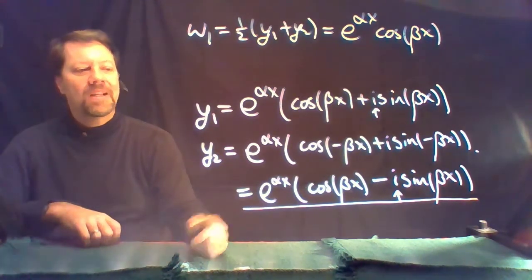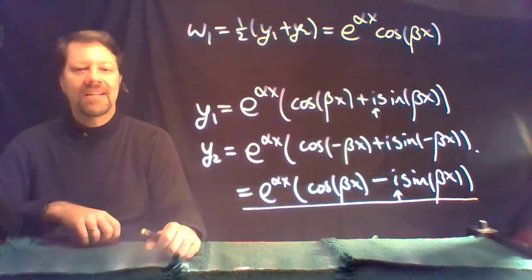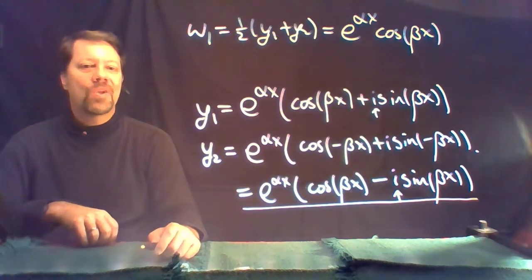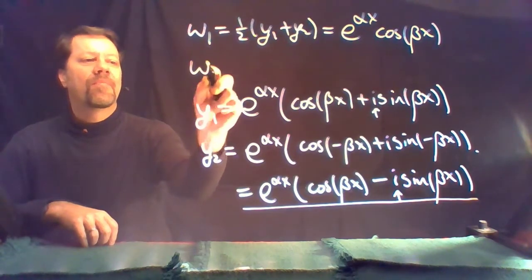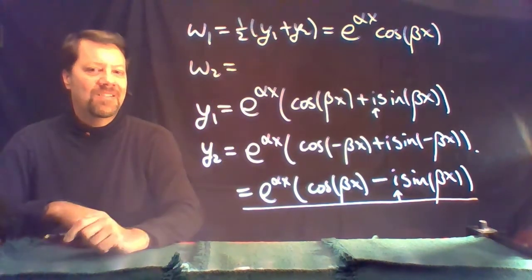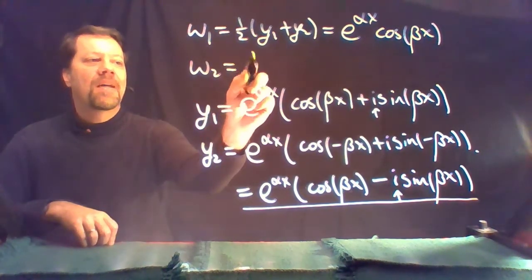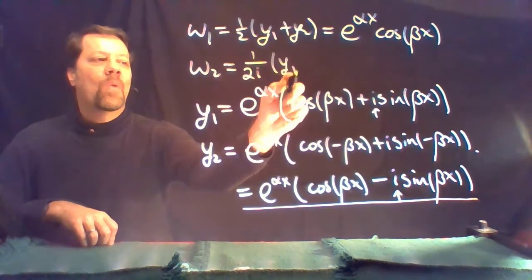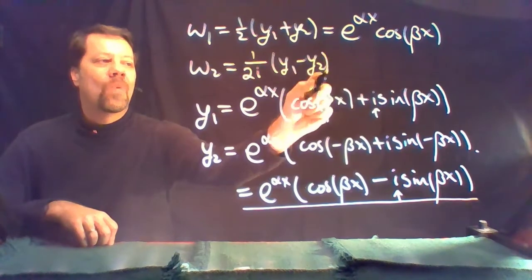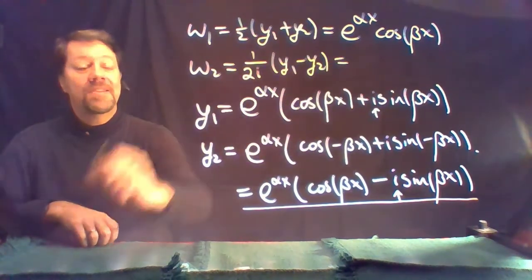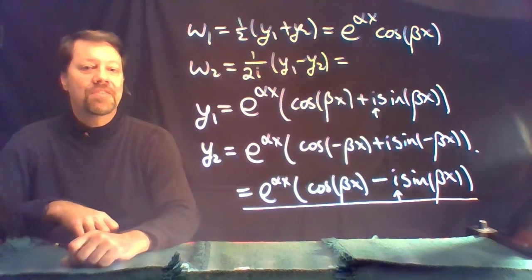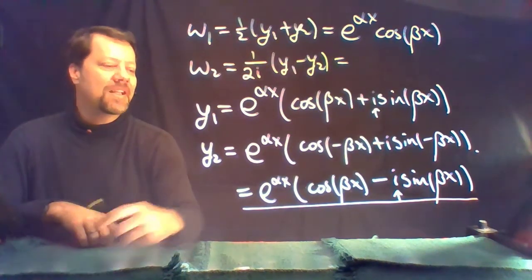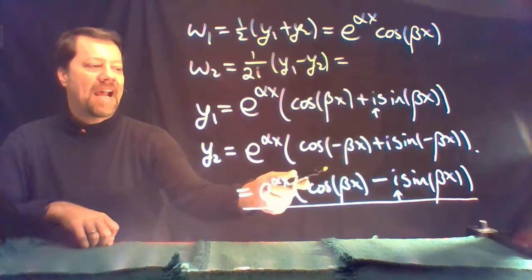Now, how do we combine these two solutions to get another linearly independent solution that is also real valued? We'll do something quite similar. I'm going to multiply by 1/2i times y1 minus y2. This is also a linear combination of solutions and hence is a solution. The question is, what happens if you subtract?